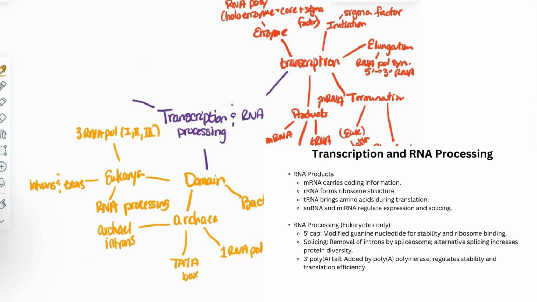On to our last branch, and it's RNA processing in eukaryotes. With this one, we have 3 branches. One is 5' capping, methylated guanine.